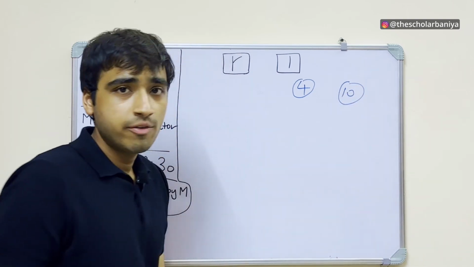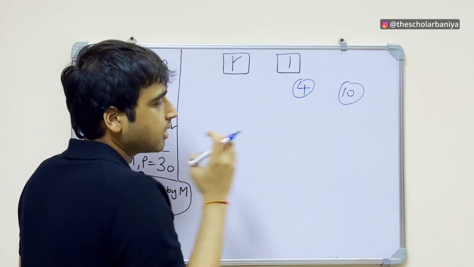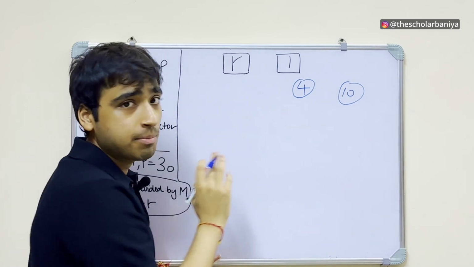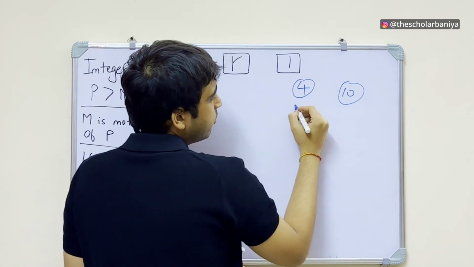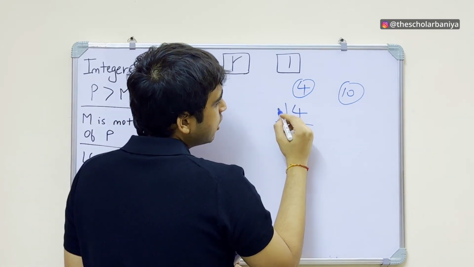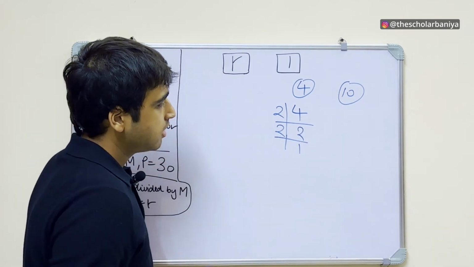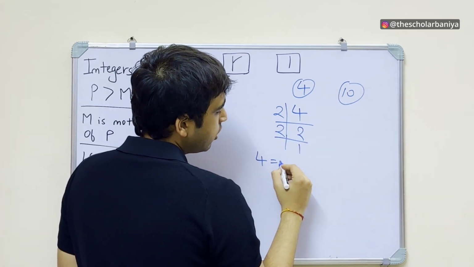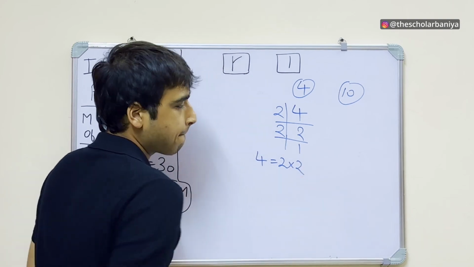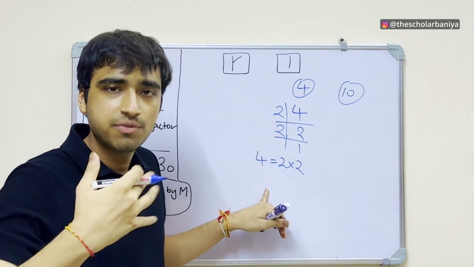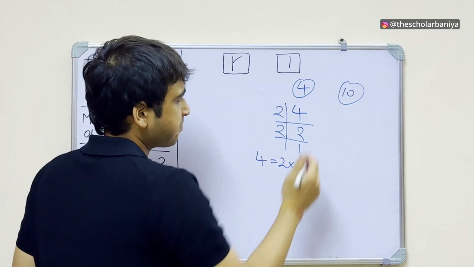If I want to find the LCM, then from a basic point of view, I do the prime factorization of 4. So 4 is equal to 2 into 2, right? Prime factorization means breaking down a number into its different prime factors.